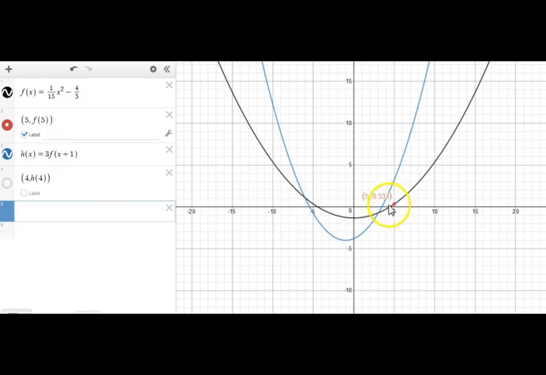So my old point was 5. I moved over 1, so my new input would be 4. Here I have 4, and I'm looking at what happens when I plug in 4 to the new function. If I turn this on and label the point, you can see it's the point 4, 1, the exact same point that we got when we did it algebraically.